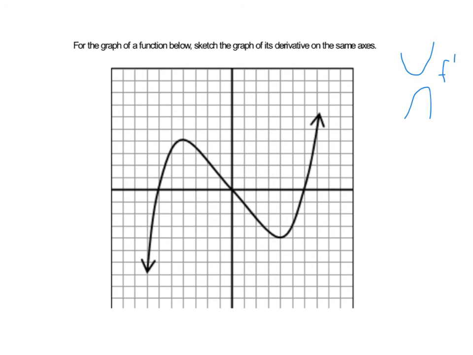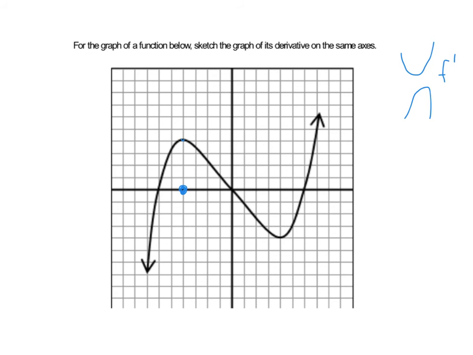So I'm going to start over here, and I know that this is increasing, so it's going to be above. I also know that here at this maximum, it will be on the x-axis, right?